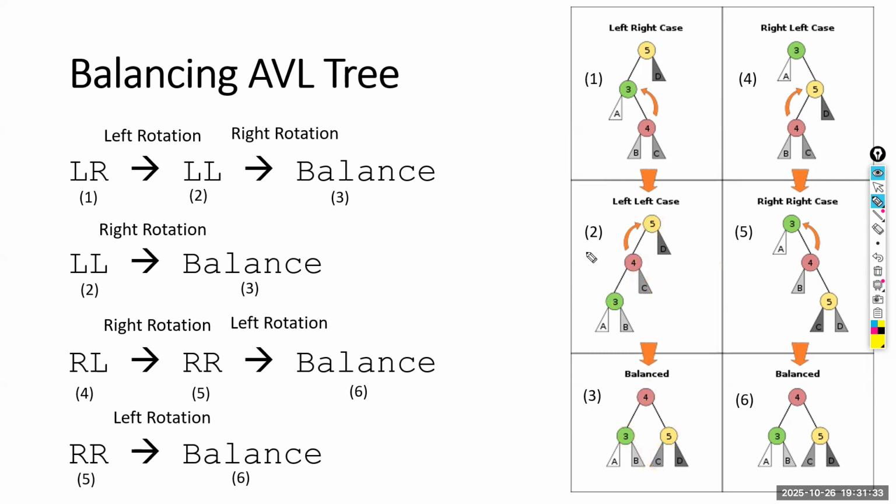So this is a right rotation that converts this into this. 5 goes down, 4 goes up, 3 goes up, but the C is now the left child of this. This is the critical thing. So this is a single rotation, and now we have made it balanced because this is balance factor 0, balance factor 0, balance factor 0. So that is how you fix left scenario.